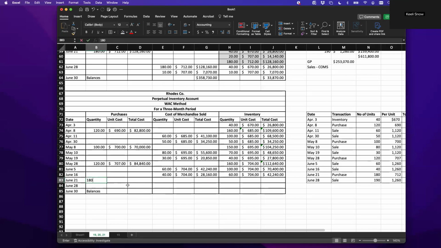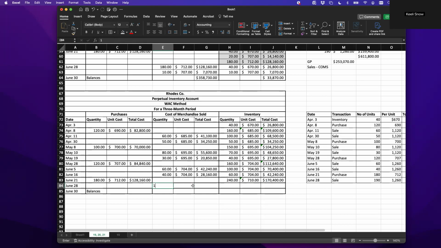We purchased 180 and it cost us 712. And because we purchased so many at one time, it's going to skew this weighted average cost towards that end, and that's fine. We had 60. We purchased 180. We now have 240. Our inventory cost $42,240. We added $128,160 of inventory. 170,400 divided by 240, $710.